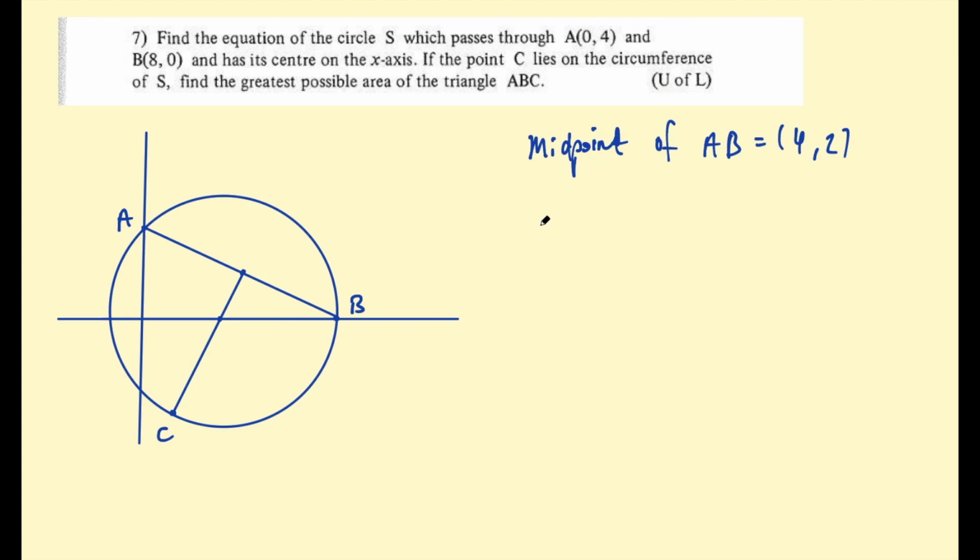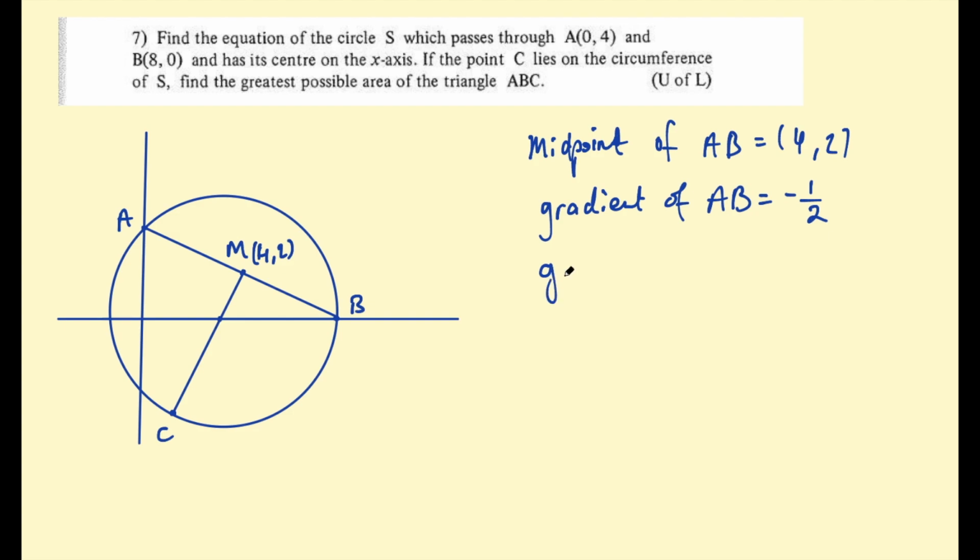then we want to find where that line intersects the circle. To do that, we're going to need the equation of the circle. How do we find the equation of the circle? Well, we have this point, (4, 2). Let's call this point M. We want the center. So to find the center, we can find the gradient of that line, CM. So let's firstly find the gradient of AB. That's rise over run, so negative 1 over 2.